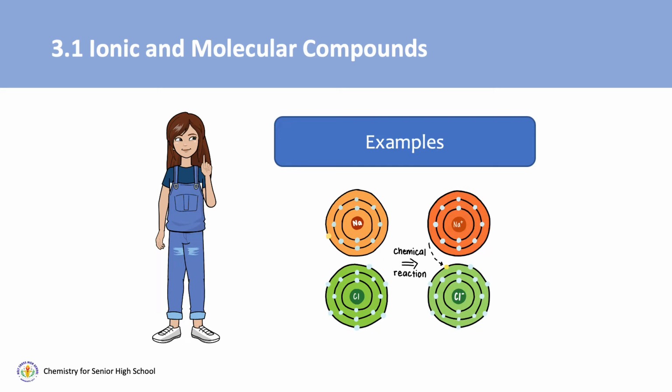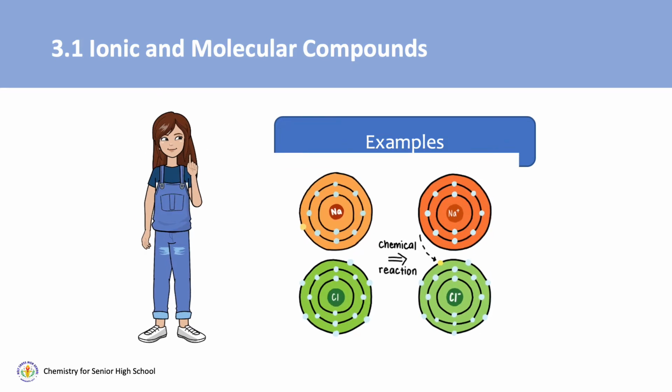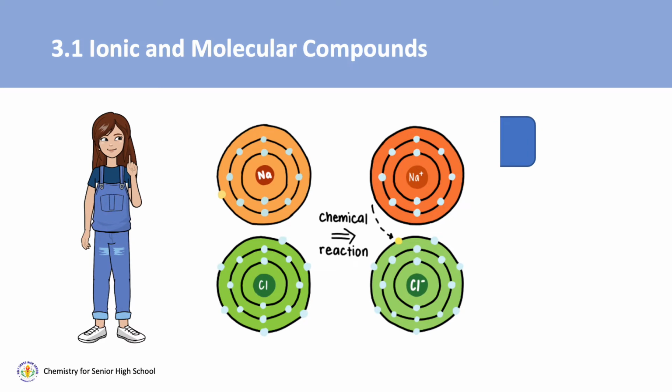Here we have a visual representation of NaCl, sodium chloride, or table salt. This is how NaCl works as an ionic compound. As we learned, an ionic compound is composed of two oppositely charged ions, one cation and one anion, in proportions that produce a zero net charge, and that is exactly what NaCl does.